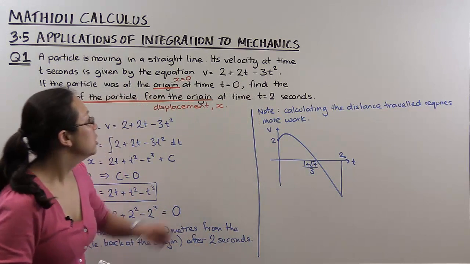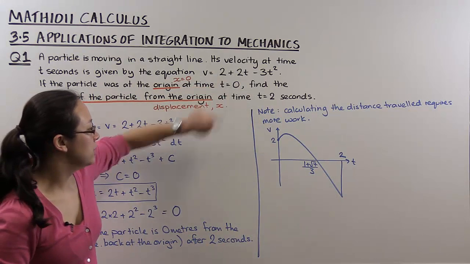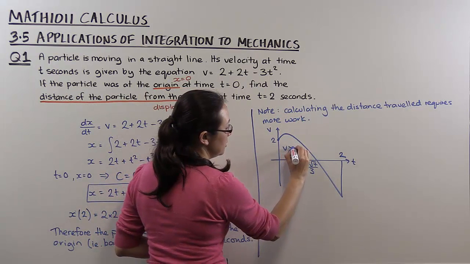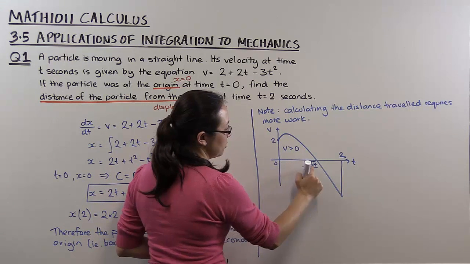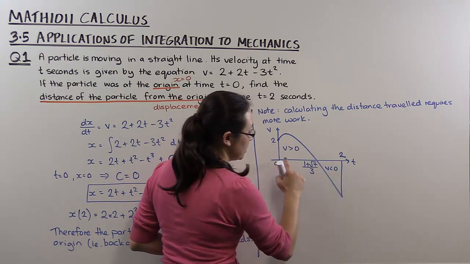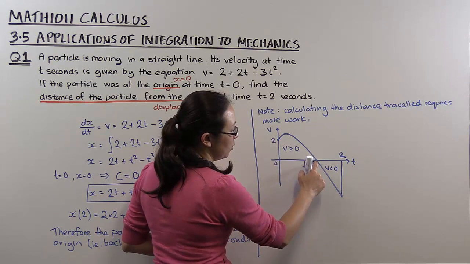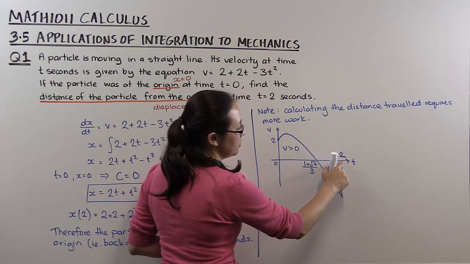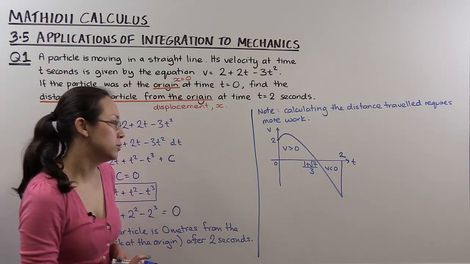So you can draw the graph of this concave down parabola here. We can see that the velocity is positive from 0 to (1 plus root 7) on 3 seconds, and we can see that it's negative here. So it starts off moving to the right. At (1 plus root 7) on 3, it stops and turns around, and then it moves to the left from that point onwards.